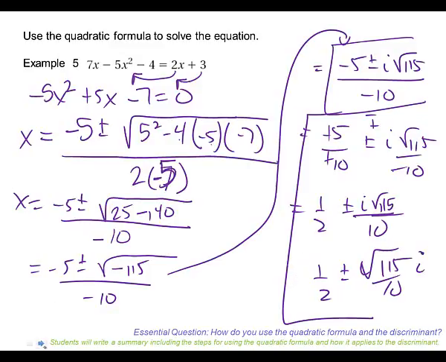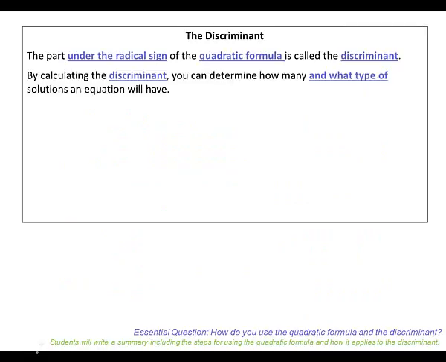Let's go to that second page and talk about the discriminant. So go ahead and fill in the blanks.